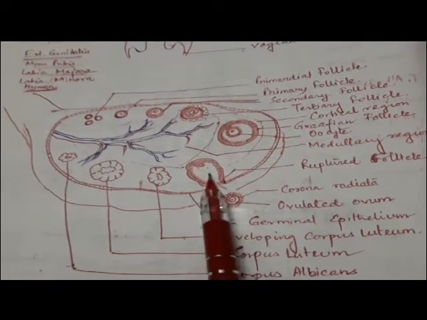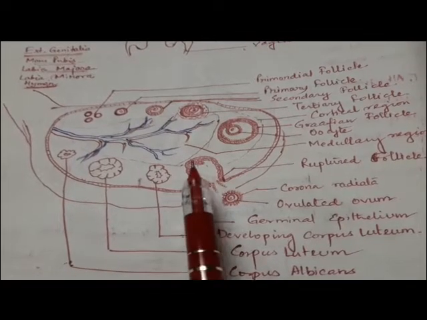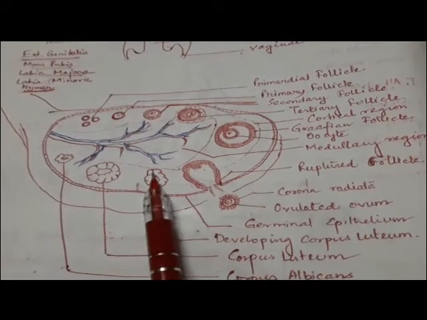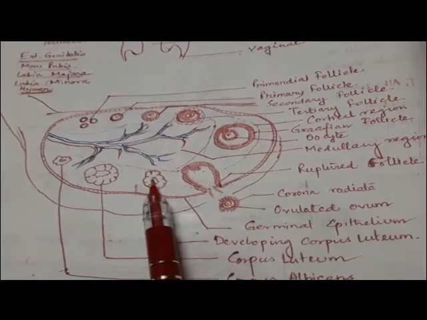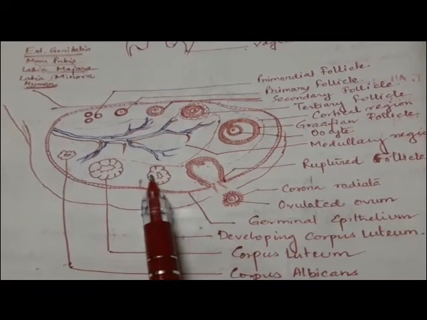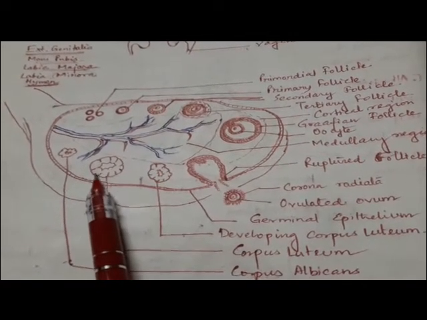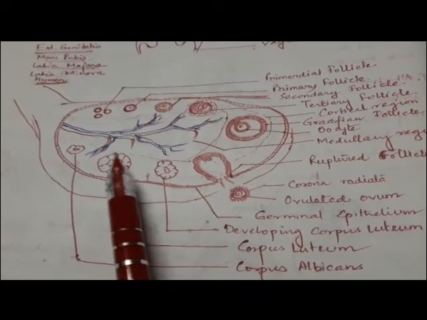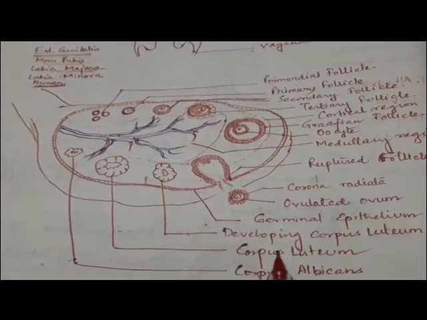Then this ruptured Graafian follicle forms a corpus hemorrhagicum, right? This structure proliferates and finally forms a yellow pigmented structure. That body is called the corpus luteum, as you can see.